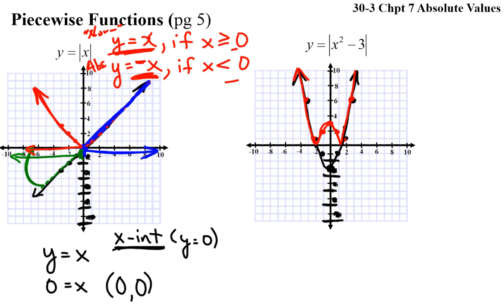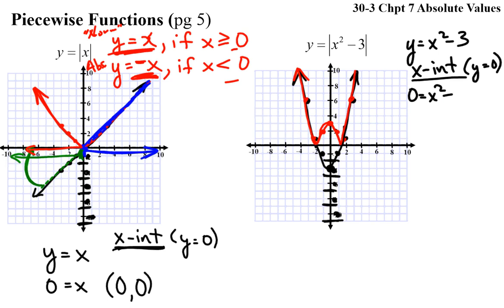So let's take a look at this second one. The first thing we need, let's just focus on the x squared minus 3, and we want the x-intercepts. Well, x-intercepts occur when y equals 0. So 0 equals x squared minus 3. Add 3 to both sides.